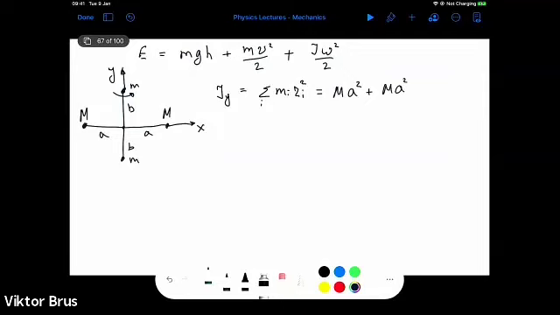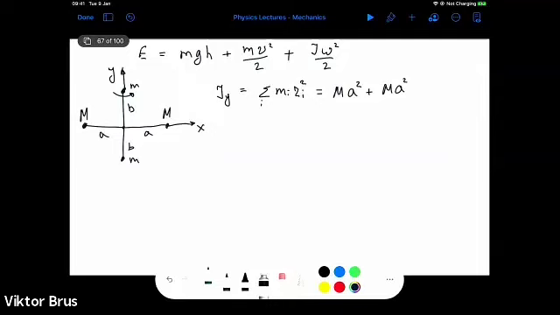We don't have any contribution from masses m along axis Y, because we neglect their dimension, and that's why the distance from the axis of rotation is equal to 0. If we have something multiplied by 0, we get 0.